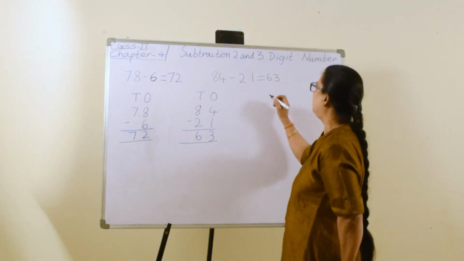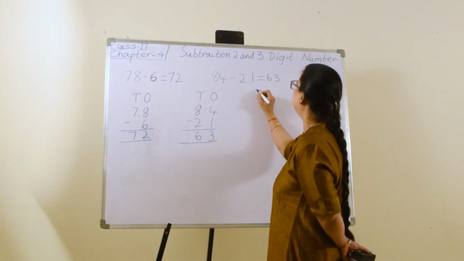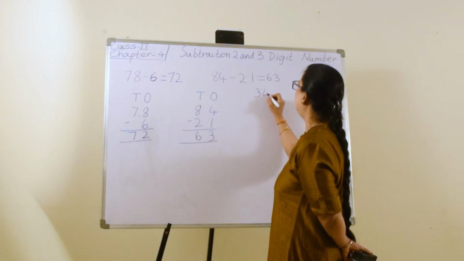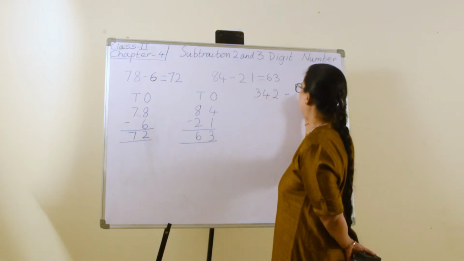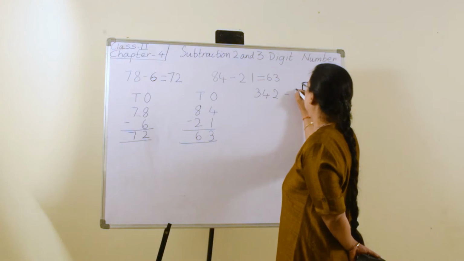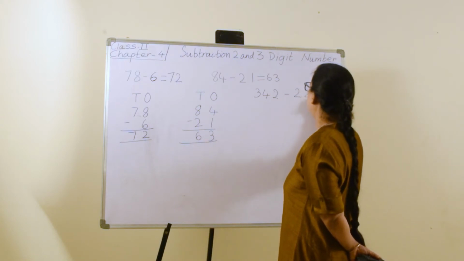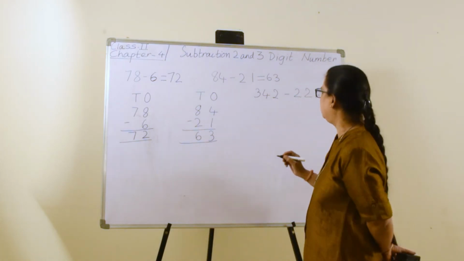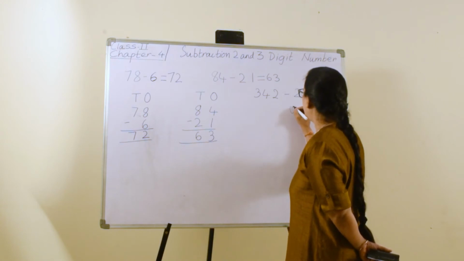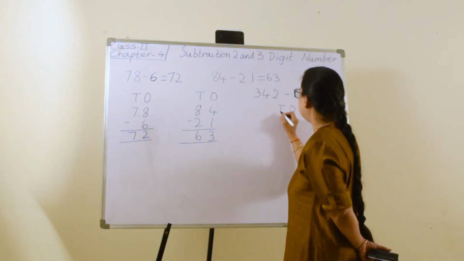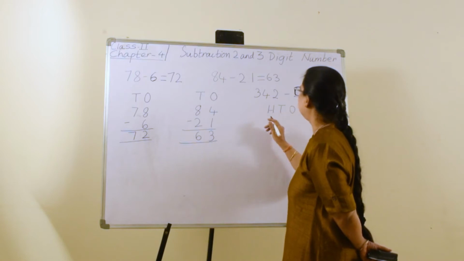Now let us take a 3-digit number here. 342 minus 221. Right? So now you will write ones place, tens here, hundreds here.